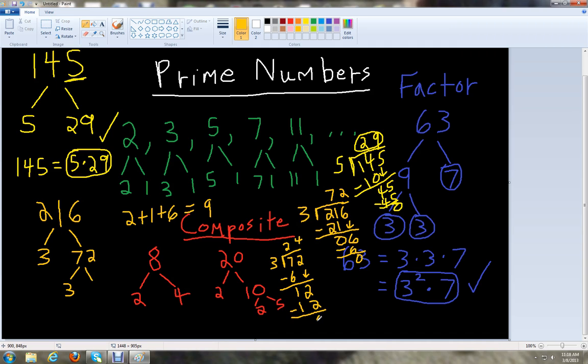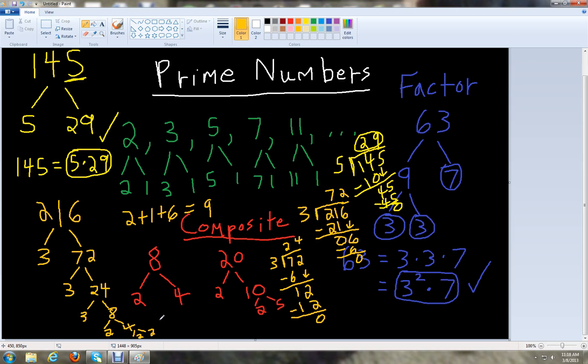And subtract, get 0. So you have 24. 3 times 24 is 72. And we also notice that 3 times 8 is 24 from our times tables. And then 8 we know is 2 times 4. And then 4 is 2 times 2. And then we can stop there.